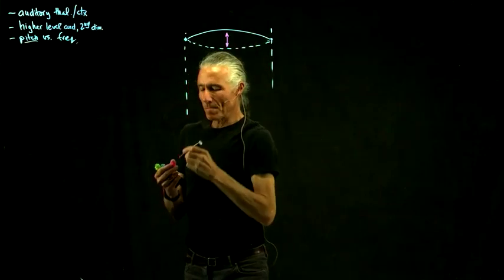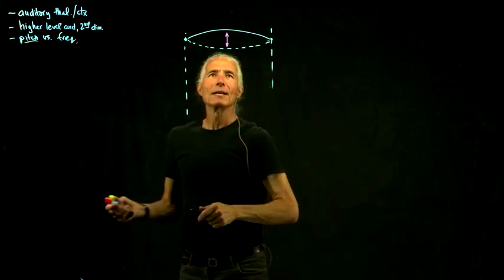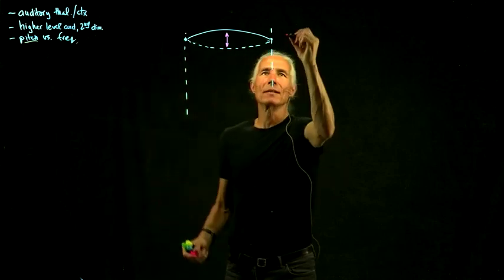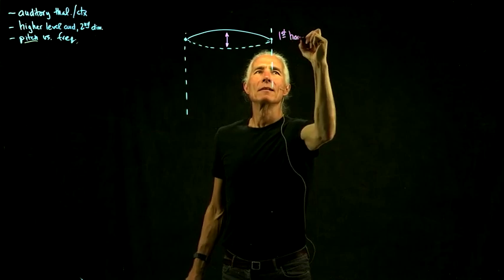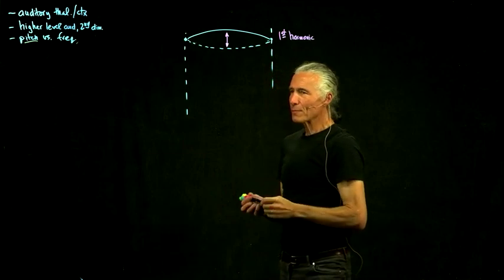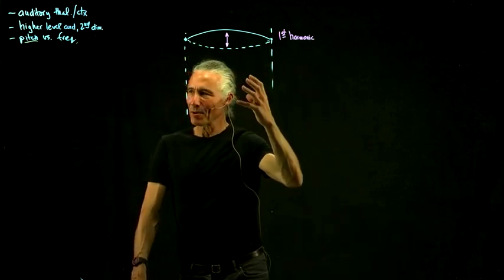But it turns out there are other things that can happen with a guitar string. This one is called the first harmonic. The other things that happen with a guitar string are quantized, kind of like quantum mechanics.